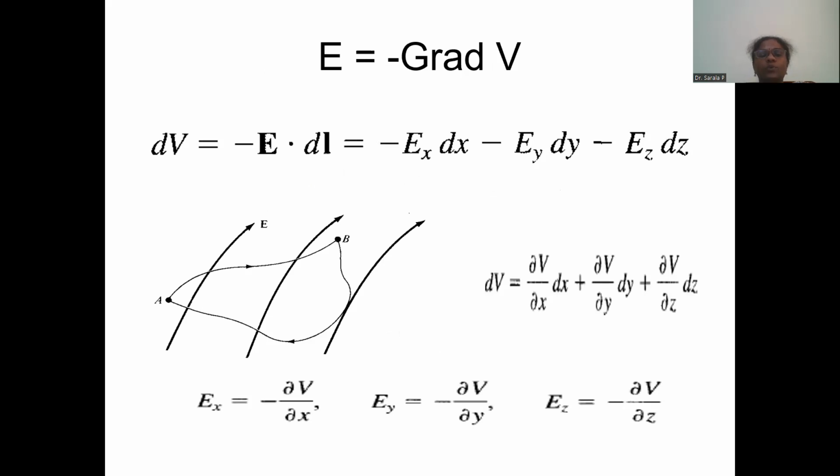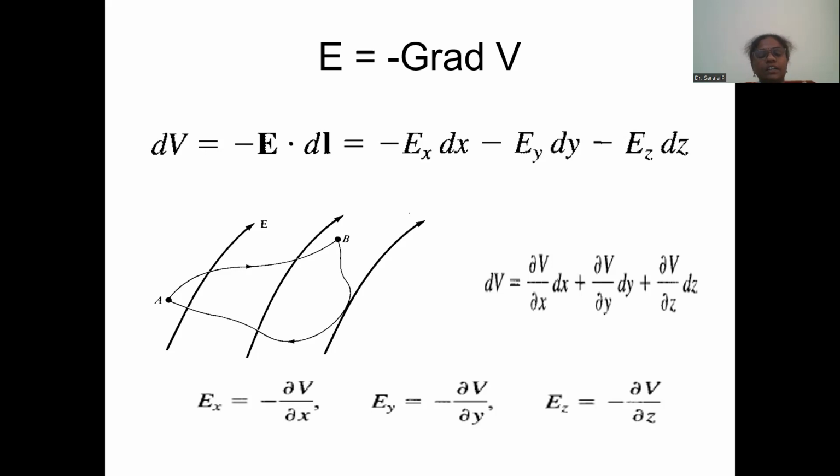And now we go with grad V. Grad V is nothing but del V. So dV is equal to minus E dot dl. Already we know, so what is E? E is nothing but in three directions, that is E_x, E_y, E_z.